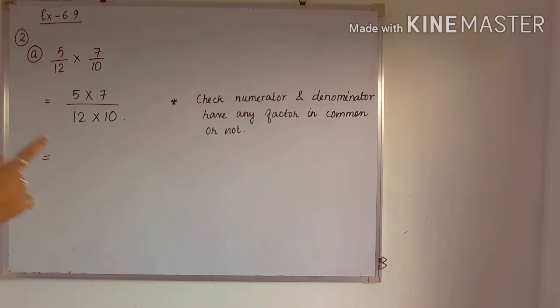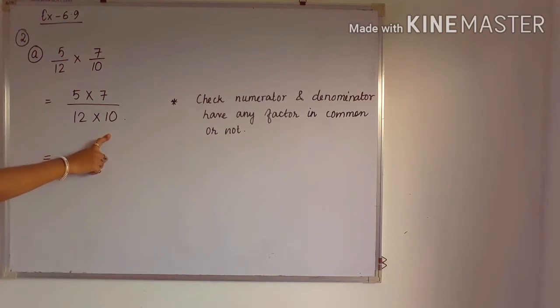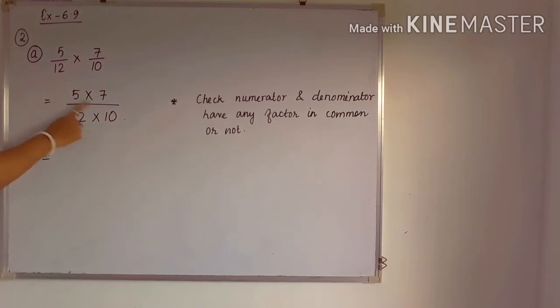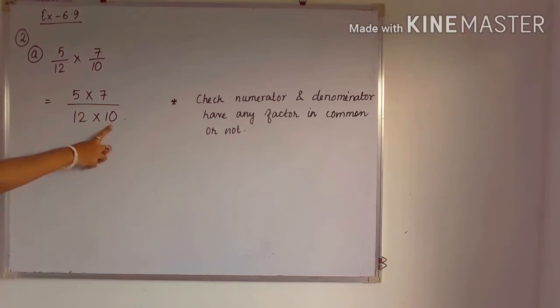You can check like this: 5 and 12, 5 and 10. This is the numerator, this is the denominator. 5 and 12 don't have any factor in common, but 5 and 10 have a factor in common, that is 5. That means the multiplication table of 5 has 5 and also 10.